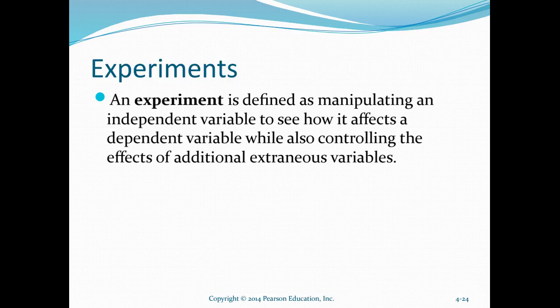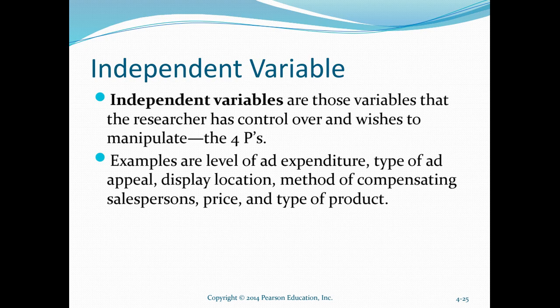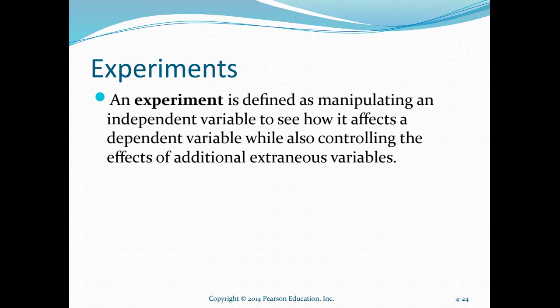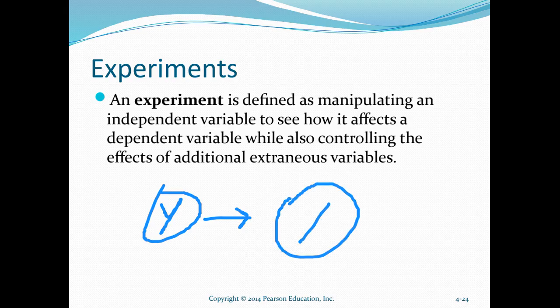Okay, so let's double click. We can do experiments in causal research. An experiment is defined as manipulating an independent variable to see how it affects a dependent variable, while also controlling the effects of additional extraneous variables. So we are looking at how the independent variable affects the dependent variable, while controlling for, say, the age factor, gender, or demographics, which can play a role.